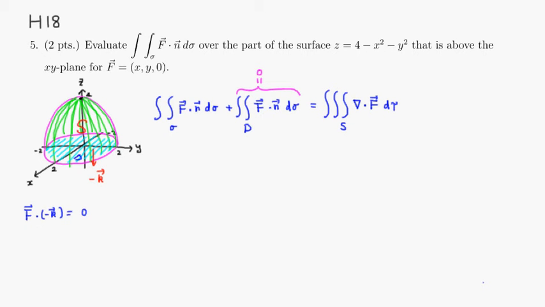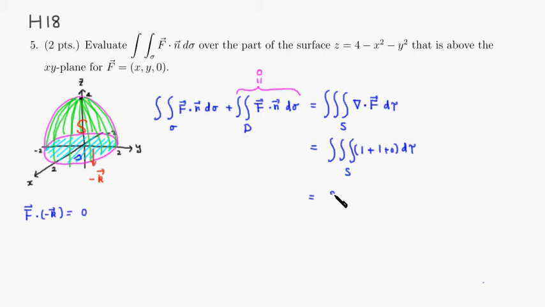The divergence of F is partial with respect to x, which is 1, plus partial with respect to y, which is 1, and partial with respect to z, which is 0. So that's just going to be 2.